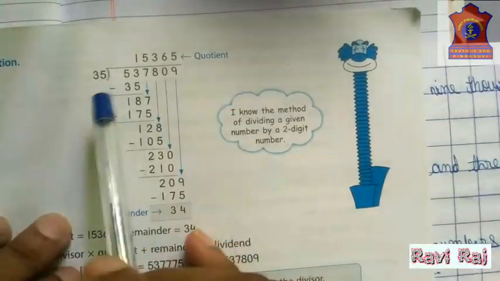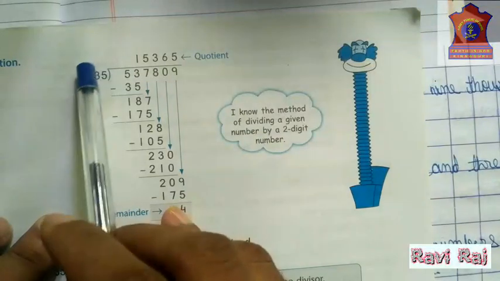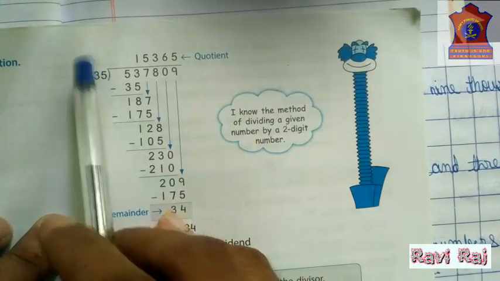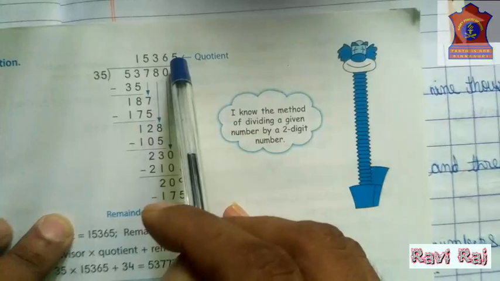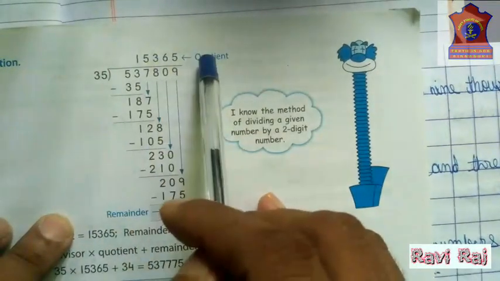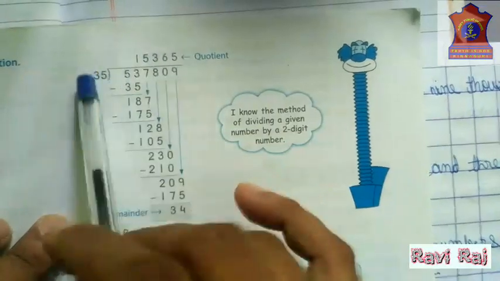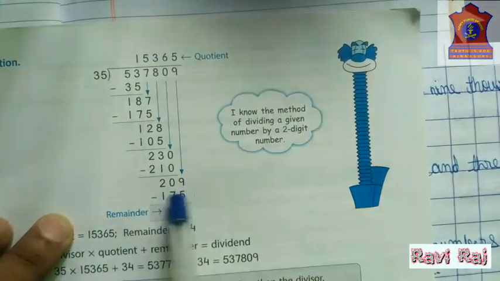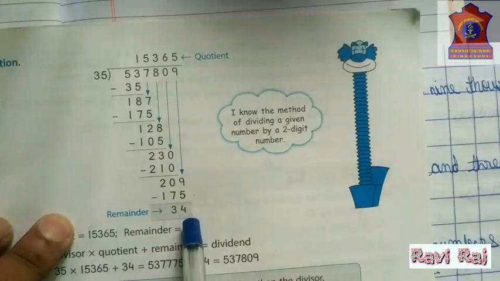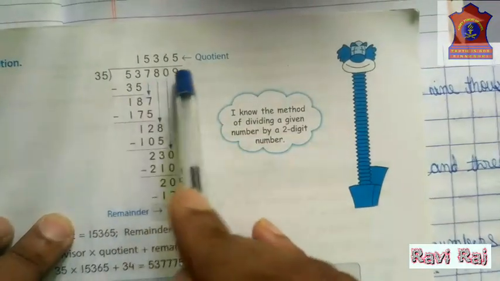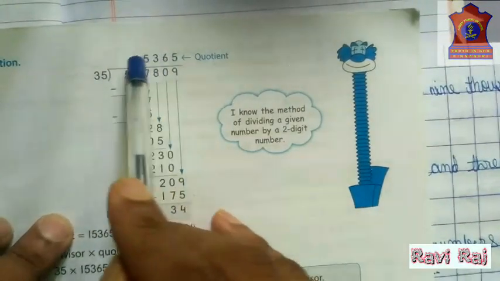Look at this example. 35 is the divisor. 15,365 is the quotient. When these two are multiplied and this remainder 8 is added here, the answer will be the dividend only. This is the dividend.